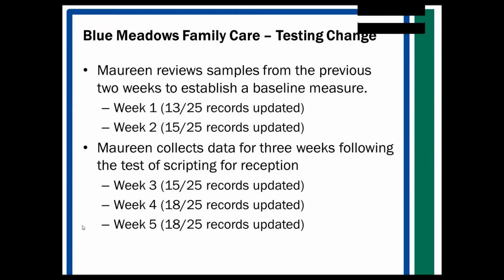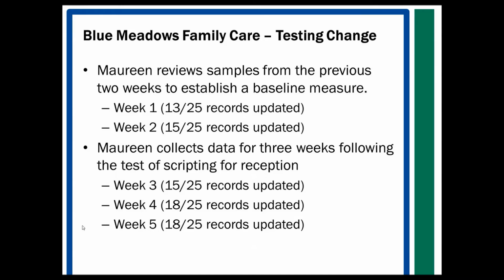So we identified that Maureen was doing a process measure of what was being captured through their reception process of updating the primary physician field. The team had predicted that using a script would increase the rate of those updates. So Maureen collected some measures, and she decided that she would establish a baseline measure in week 1.